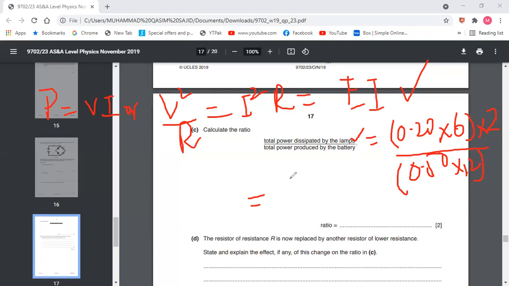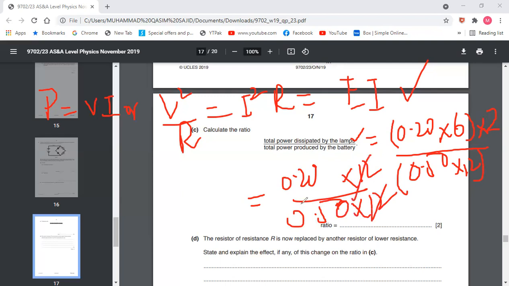So this must be 0.2 multiplied by 12 upon 0.5 multiplied by 12. So this must be 0.4. So I use P equals VI, the basic formula. You can use V square upon R. It depends on you. Clear, Abdullah? Yes sir. Okay.